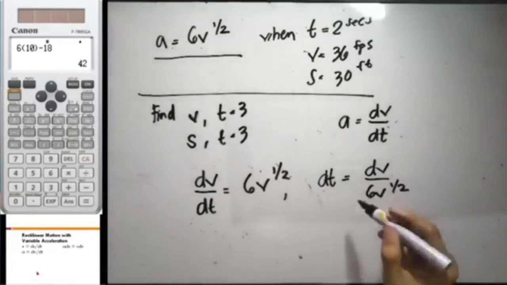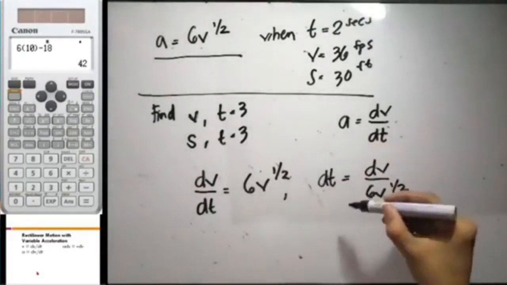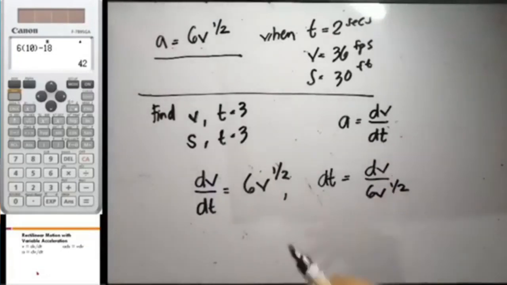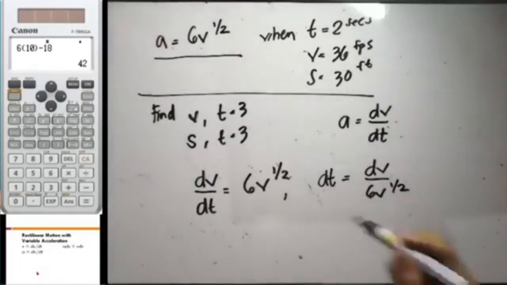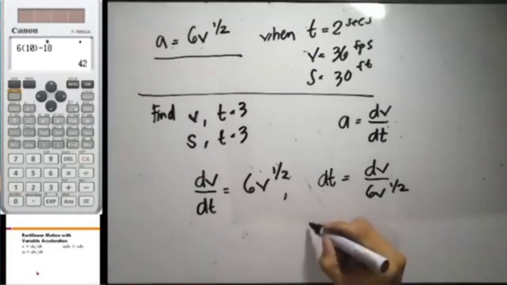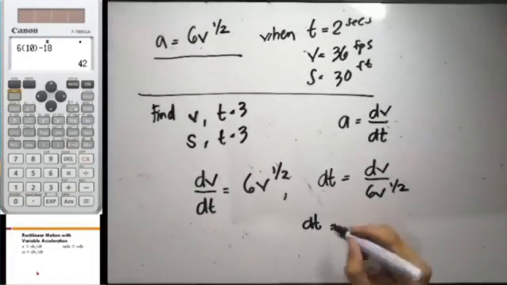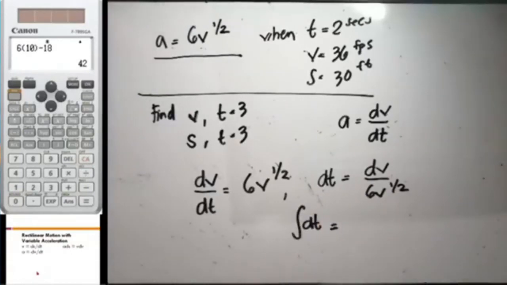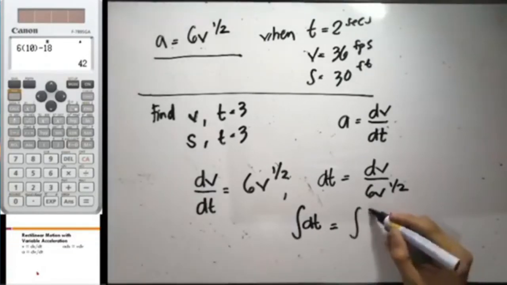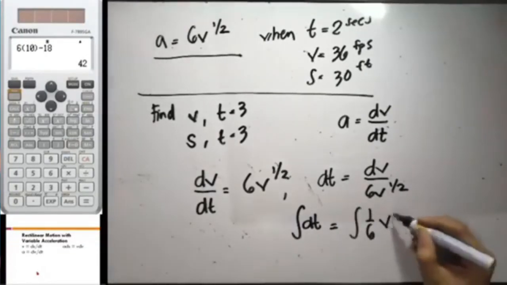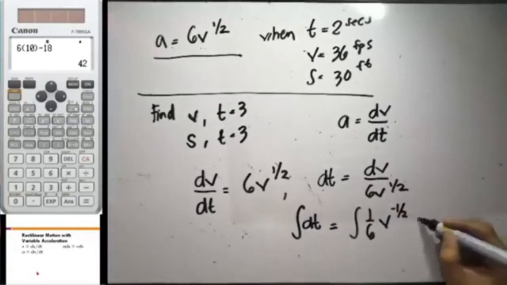So, pwede natin i-integrate to both sides. Anong mangyayari dun? Makakuha tayo ng time in terms of velocity. So, dt equals, integrate natin yan. Sabi ko nga sa inyo, dalawa lang gagawin dyan: either mag-differentiate or mag-integrate. dt equals 1 over 6, v raised to negative 1 half dv.